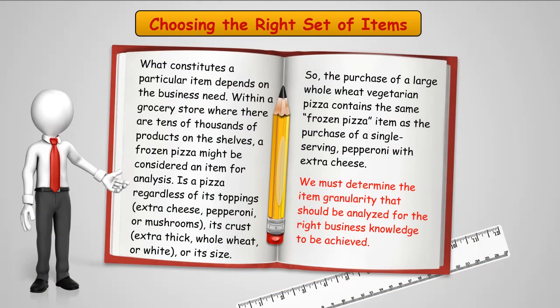So what constitutes a particular item depends on the business need. Within a grocery store, for example, there are clearly tens of thousands of products on the shelves. A frozen pizza might be considered an item for analysis.